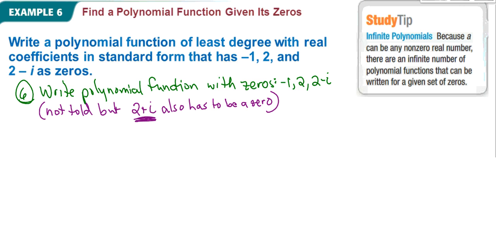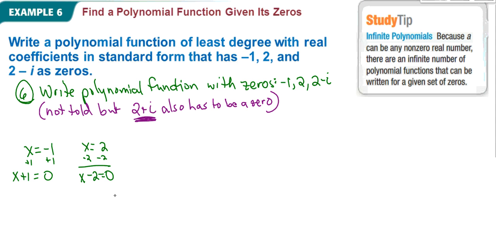So also, I'm just going to remind you that that means that x equals -1 is a zero. So if we add 1 to both sides, x plus 1 equals 0. That's the factor. x equals 2, so we'll subtract 2 on both sides. So x minus 2 equals 0, so x minus 2 is a factor.